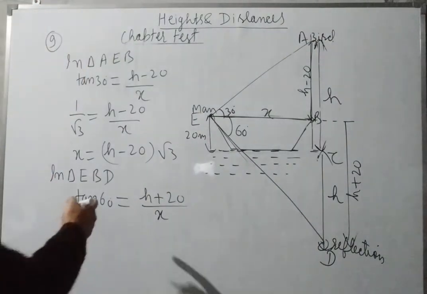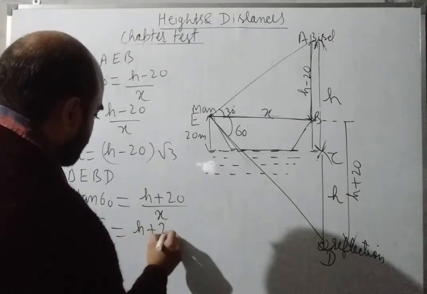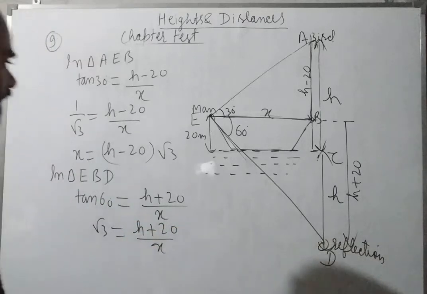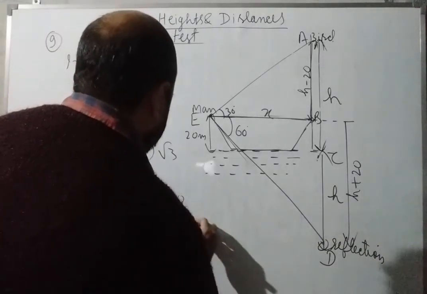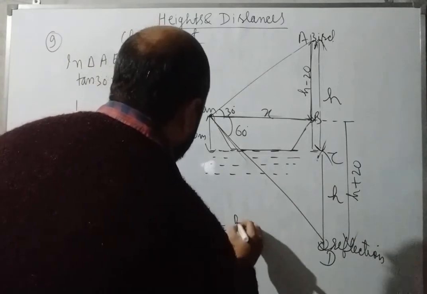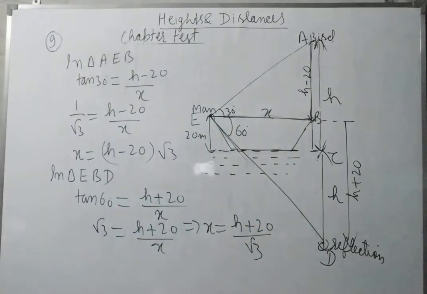Clear? So here tan 60 is root 3. So x can be taken as h plus 20 upon root 3. Correct? So we have calculated x, h plus 20 upon root 3.